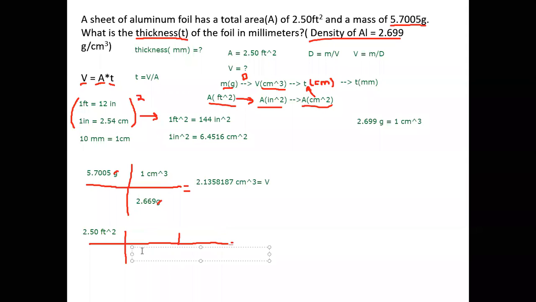So feet squared goes on the bottom, and inches squared goes on top. The next one, we're going to go from inches squared to centimeters squared. Now we're going to get the surface area in centimeters squared. So multiply what's on top, divide by what's on the bottom.